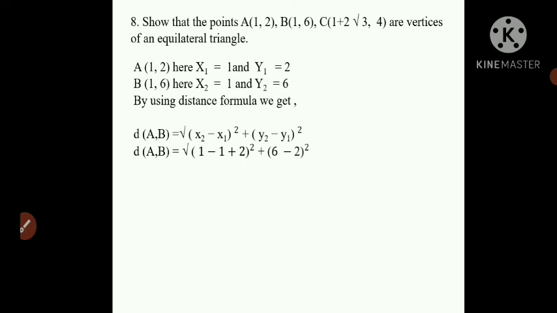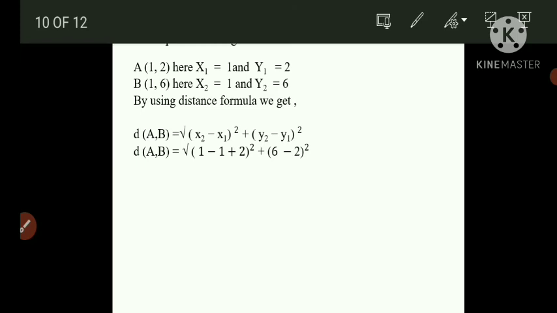Now see what we get. Again, due to some technical issues there is a correction. x1 is 1 and x2 is 1, so x2 minus x1 is (1 minus 1) the whole square, plus 6 minus 2, that is y2 minus y1, (6 minus 2) the whole square.